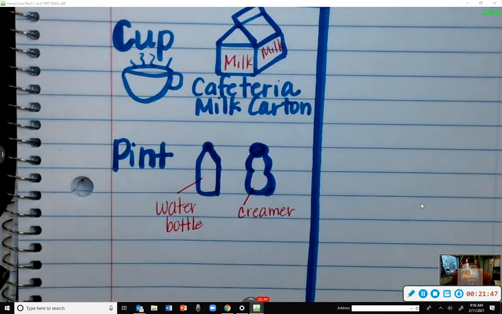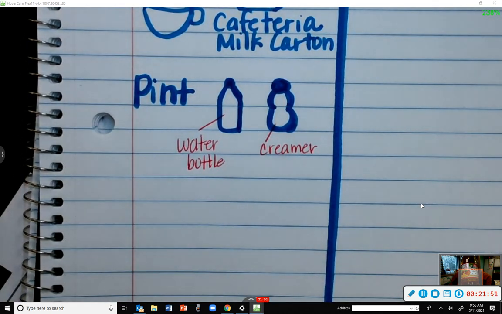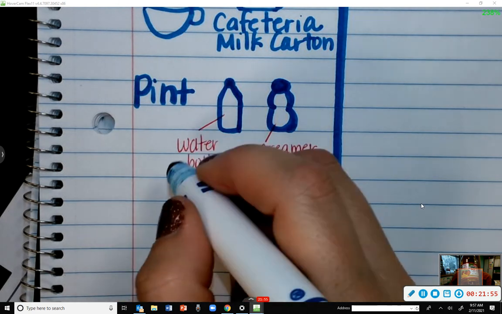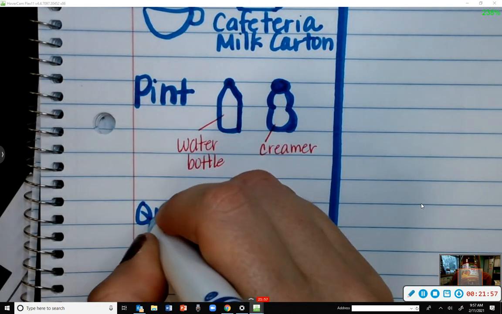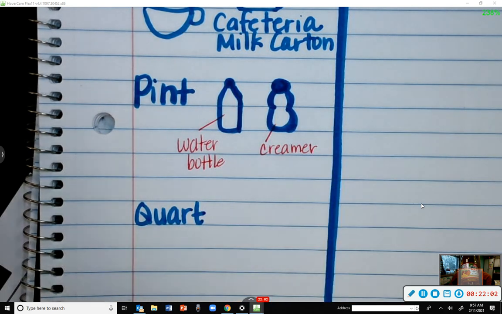The next one is a quart. Now think of something that is a quart.